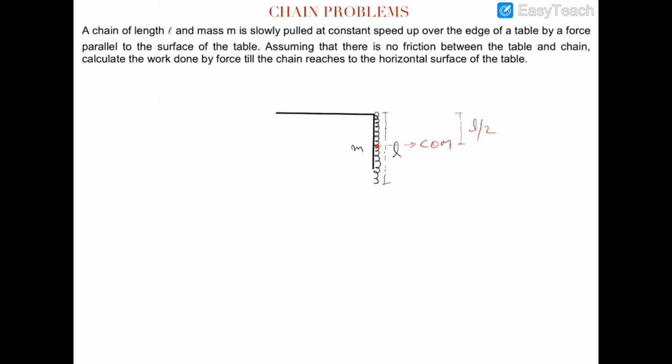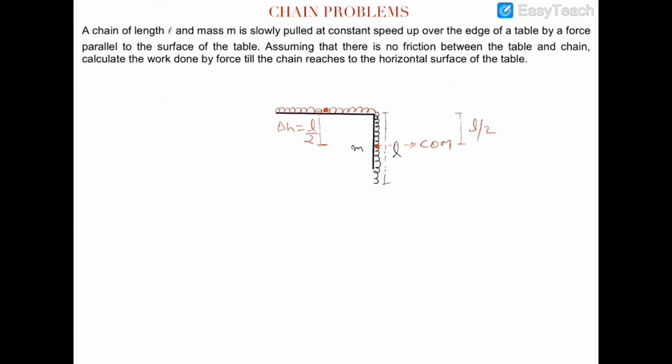Now suppose that the chain has been pulled completely on the table, so this is the final scenario. Its center of mass has been lifted up by a height delta H, which is equal to L by 2.